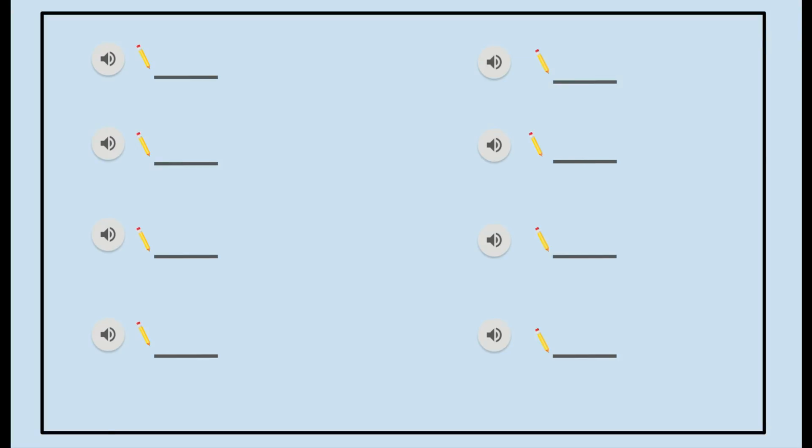Now we'll listen for the sounds that you hear and write the letters that represent those sounds. Ready? The first sound is Wa. The second sound, Ah.